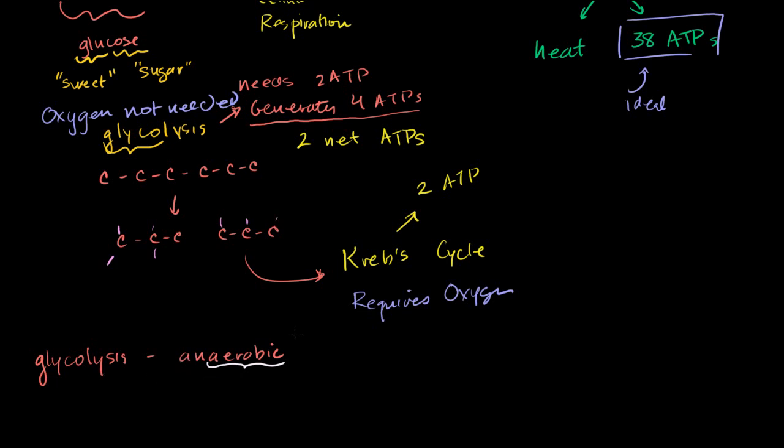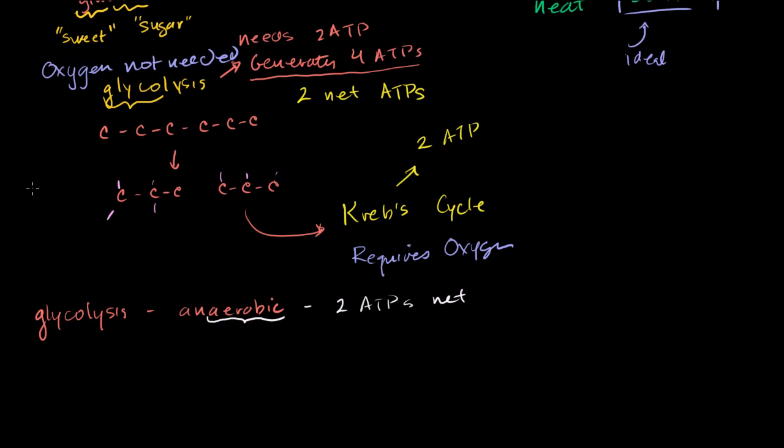So glycolysis is anaerobic, and it produces 2 ATPs net. And then you go to the Krebs cycle. There's a little bit of setup involved here, and we'll do the detail on that in the future. But then you move over to the Krebs cycle, which is aerobic.